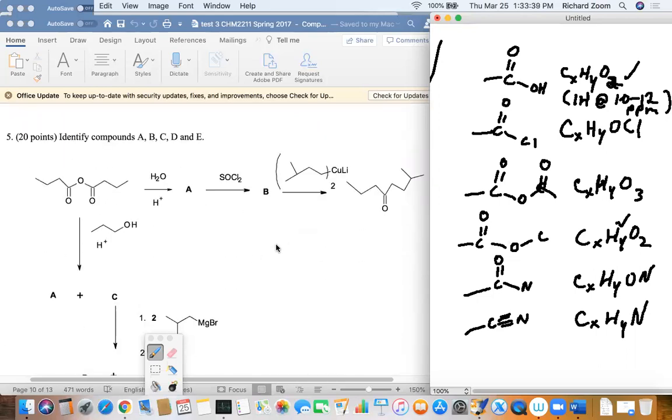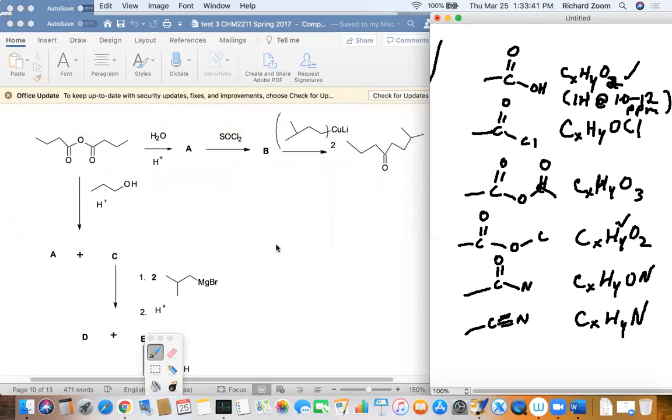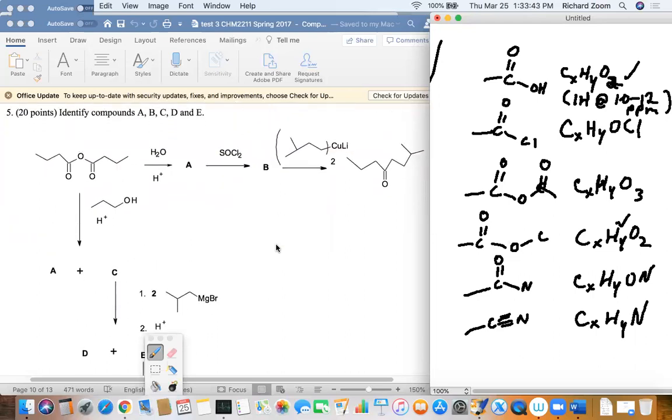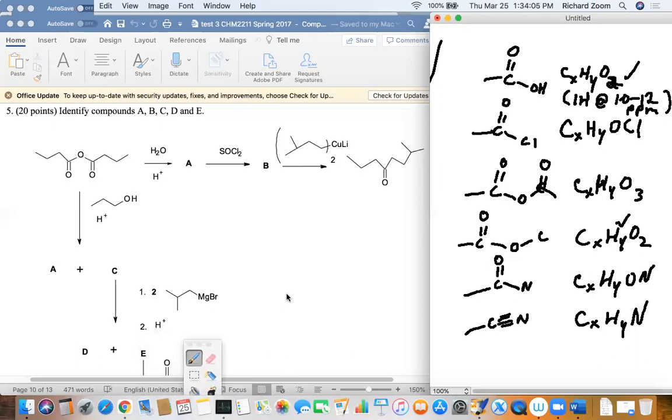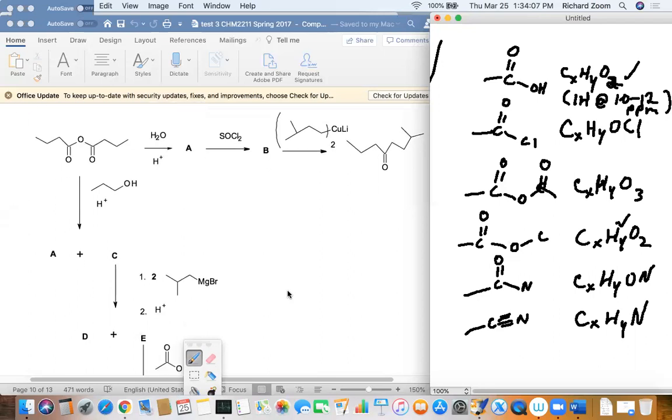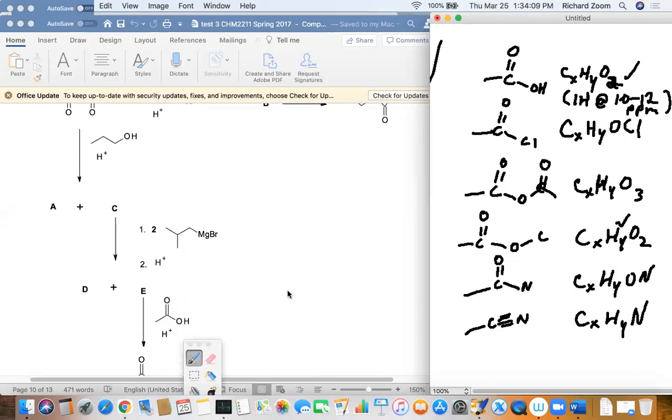Now the other thing you'll get here is a roadmap problem. And I've already heard from some students, they don't like these very much. But, well, they are what they are, I guess. You do have to know the reactions. Now, what I can tell you is that it's not necessarily going to be so that you can get much information off question 1, although there might be some reactions in question 1 that might be able to help you.